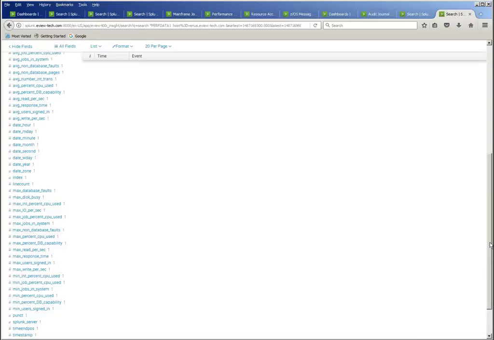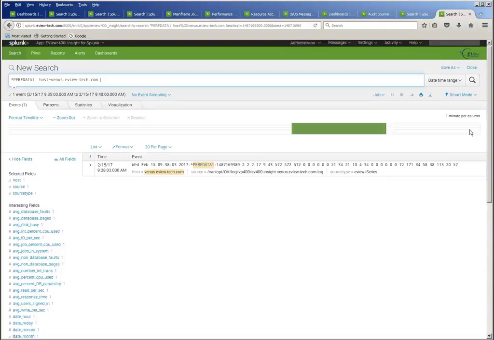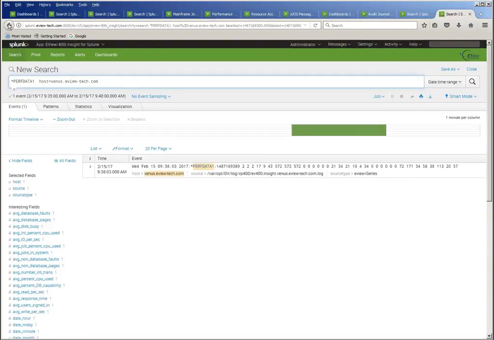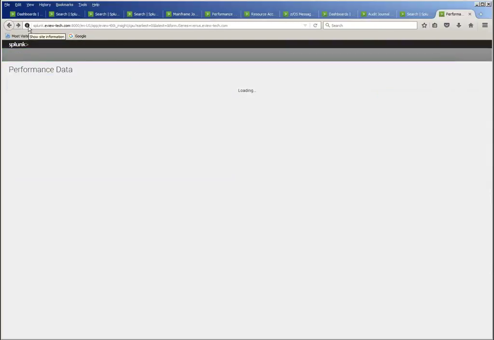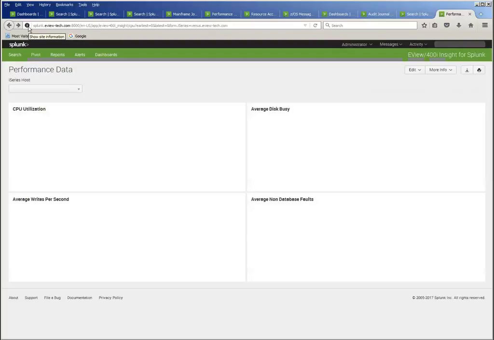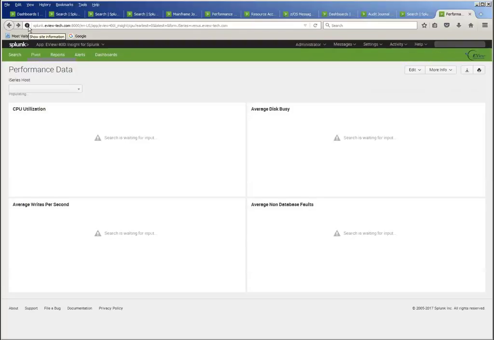That's an overview of both types of systems and the different types of data collected, viewed and reported on in Splunk.